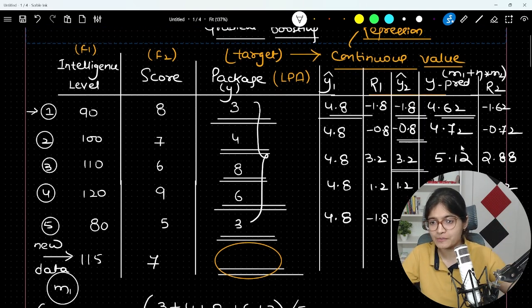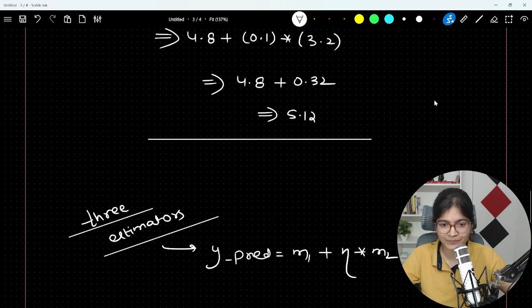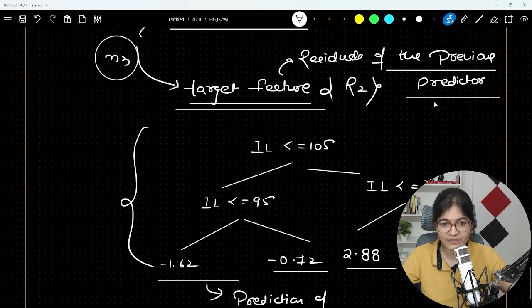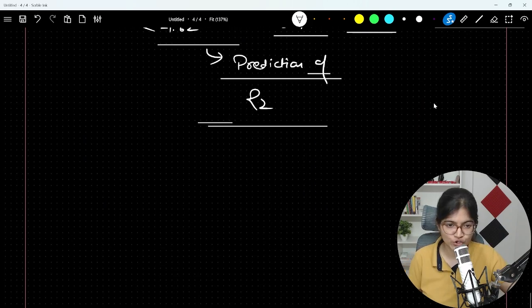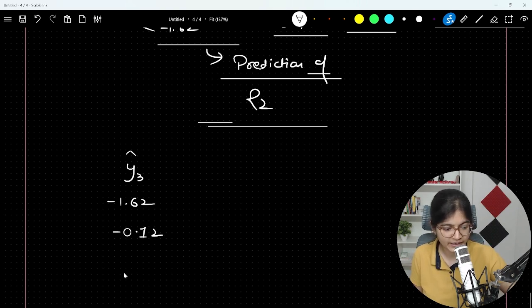So you will get the value of Y3 cap from this model M3's predictions. What is the value of Y3 cap for all these 5 records? You will observe it is approximately exactly similar to the values of R2: negative of 1.62, negative of 0.72, 2.88, 1.32, negative of 1.62.